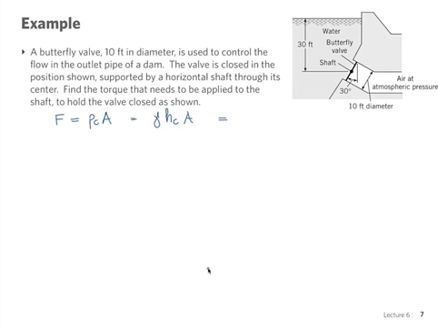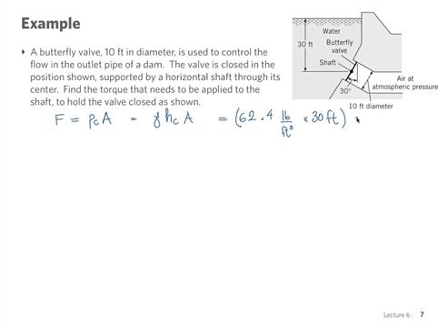We look it up. The depth indicated here is 30 feet, and gamma I've taken from some book: 62.4 pounds per cubic foot, times 30 feet, times the area of the disk.